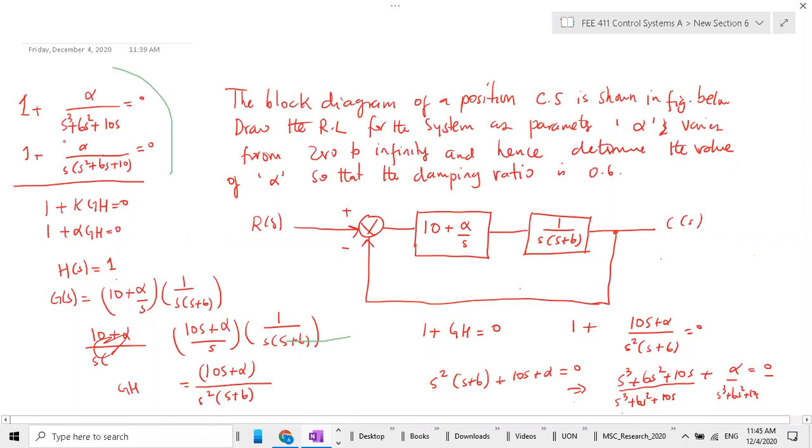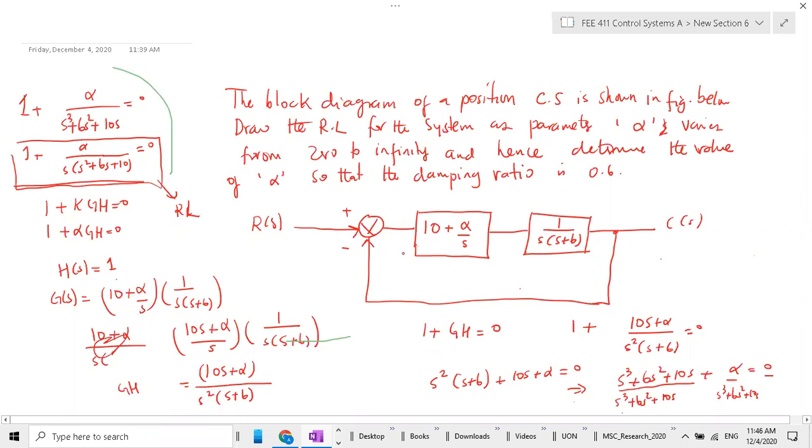From here you can proceed, as in you get the poles and get your root locus. Sometimes a question will come like this, so you force it to this form. From there you can proceed with what we did today.